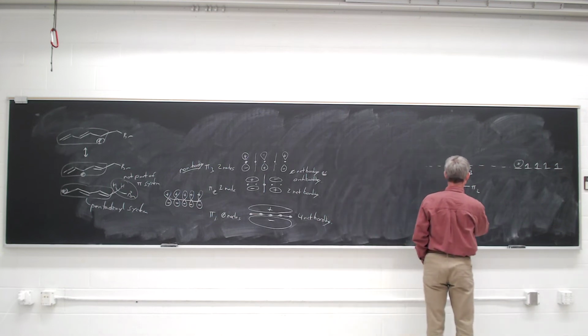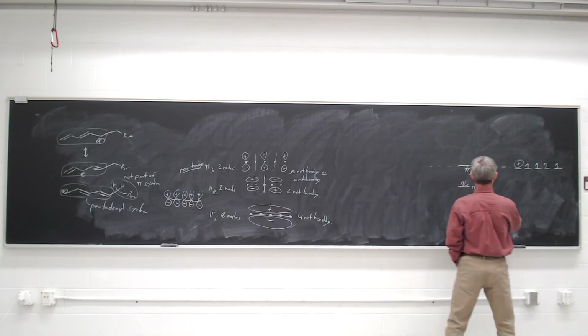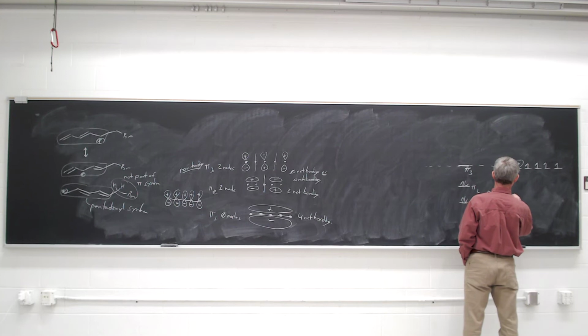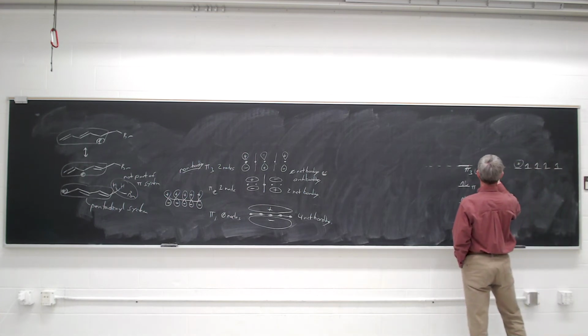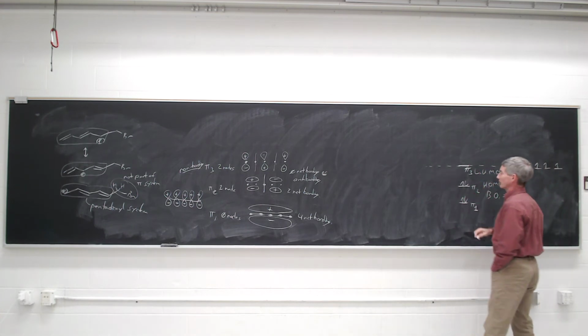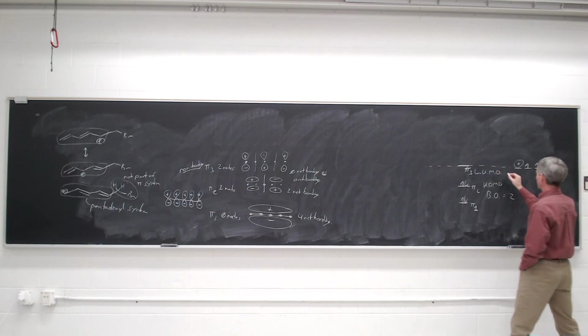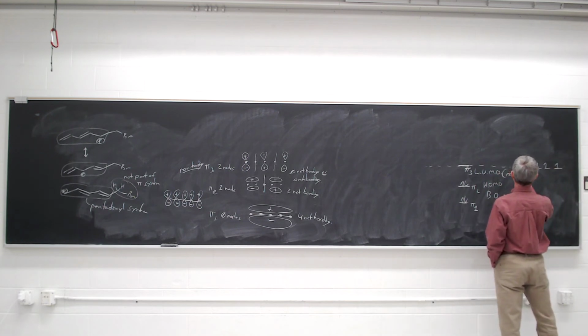Those will be filled with 4 electrons, so we have a bond order of 2. Our HOMO, in this case, is pi 2. Our LUMO is pi 3, and this is the reactive orbital for a carbocation.